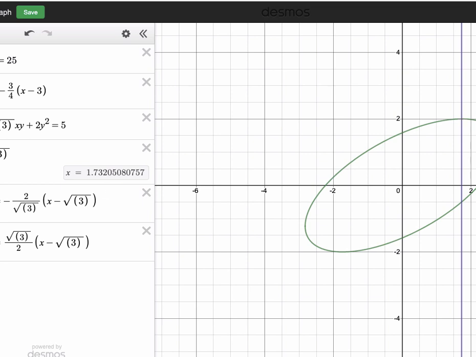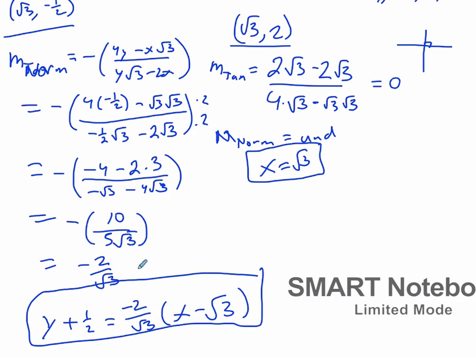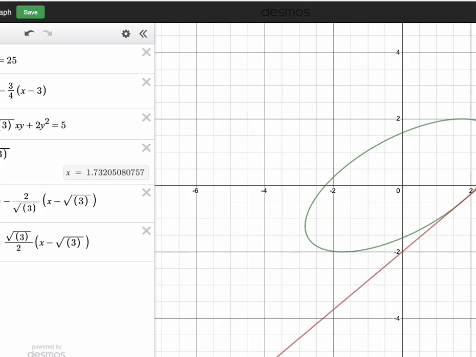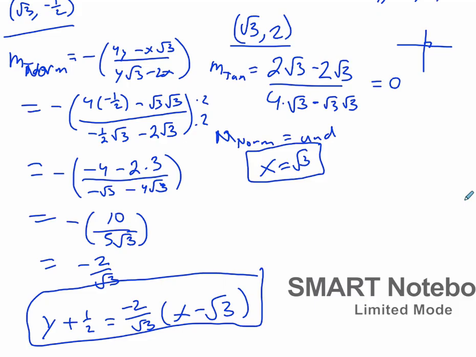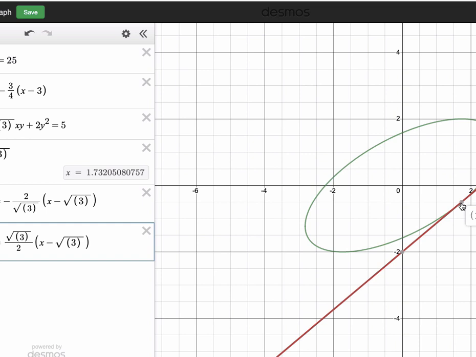And here is the tangent at that other point, which is at, what was that point again? That's this one right here. So the point is root 3, negative 2. So this is root 3, negative 2 down here. Yeah, that's root 3, negative half. Okay, so that's the tangent, and the normal is right there. It's perpendicular to the tangent.